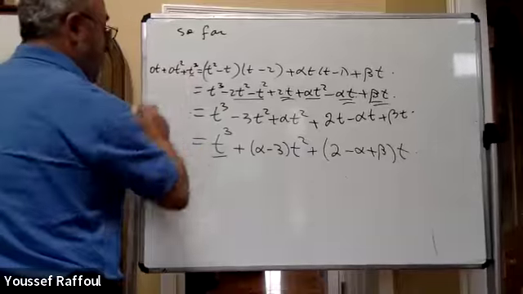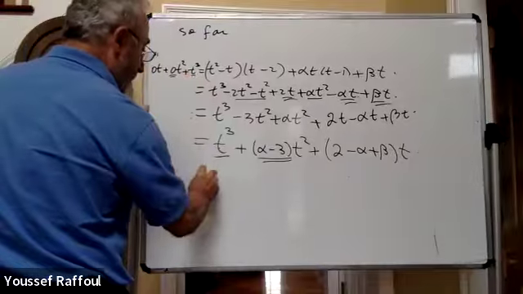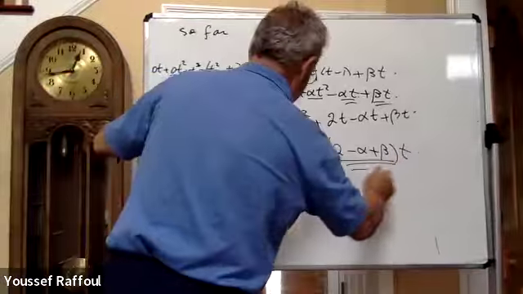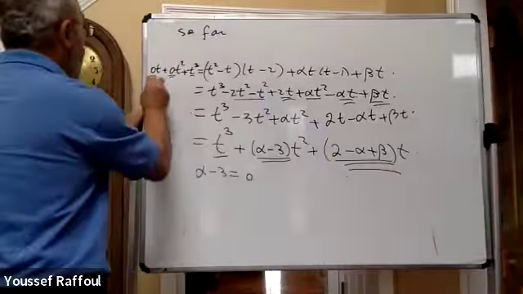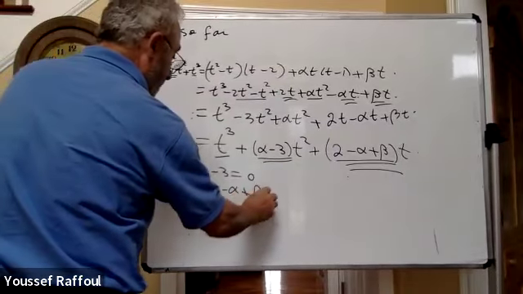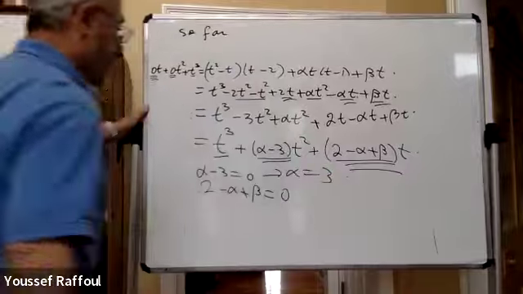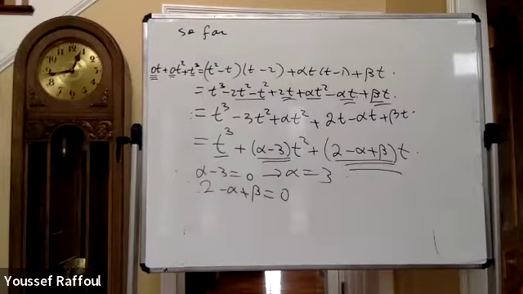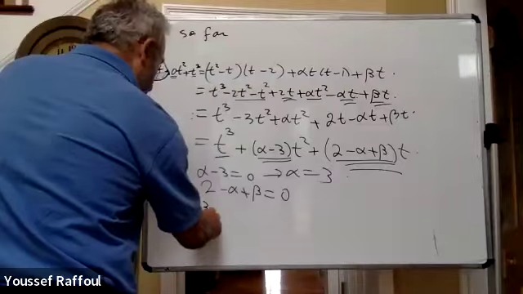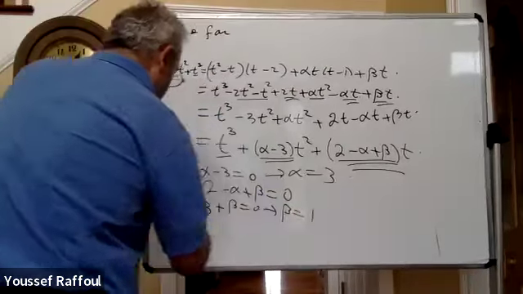So alpha minus 3 equals 0, and 2 minus alpha plus beta equals 0. So I have alpha equal 3. And what is beta? So I have 2 minus 3 plus beta equals 0, beta equal 1.